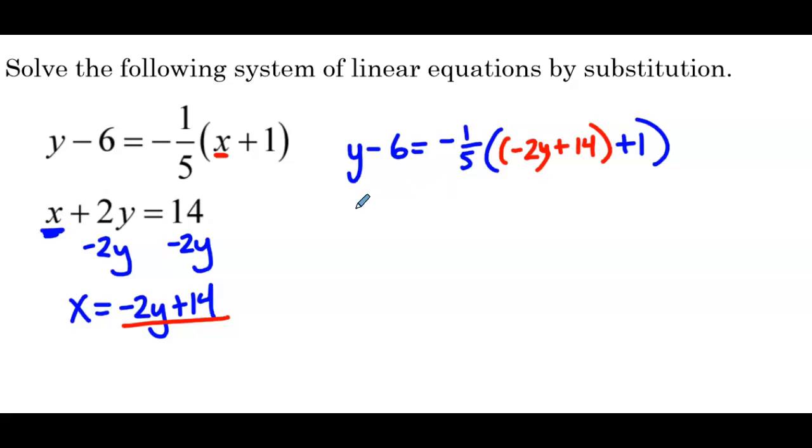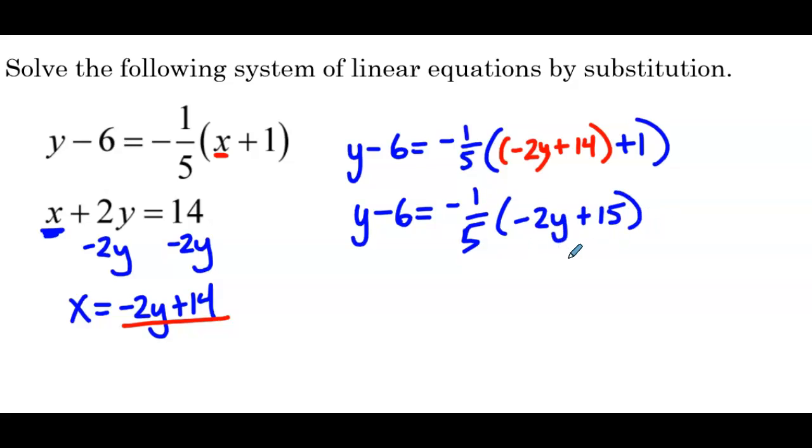So simplifying what's inside of the set of parentheses, we have negative 2y plus 15. Now we have two choices here. We could either distribute the negative 1/5, or we can multiply both sides by negative 5. Since we haven't worked with too many fractions in these examples, let's distribute the negative 1/5.